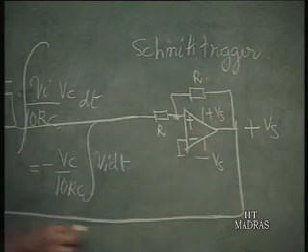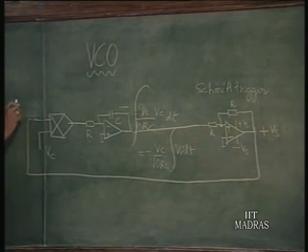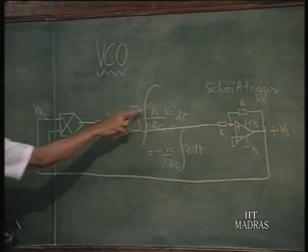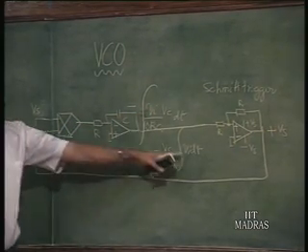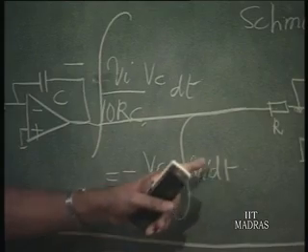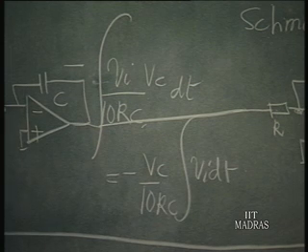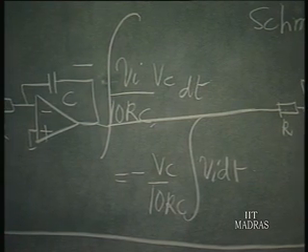So, if this is at Vs, this particular thing is a constant voltage Vs. So, it will integrate that. It will be coming out of it and this will be simply T. That means this will be directly proportional to time, the voltage will be decreasing. So, if this is Vs, let us plot that.